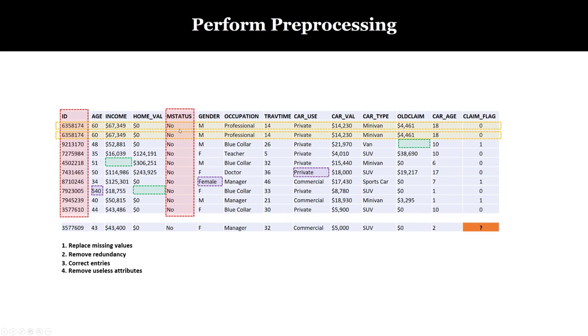Which is the status, whether the person is married or not. For this particular data set, all the cases are just not married. So in this case, I don't have to keep this column because it doesn't add any value. In fact, it may add noise. Why? Because for a case such as this and a case just right above it here, they are supposed to be different.